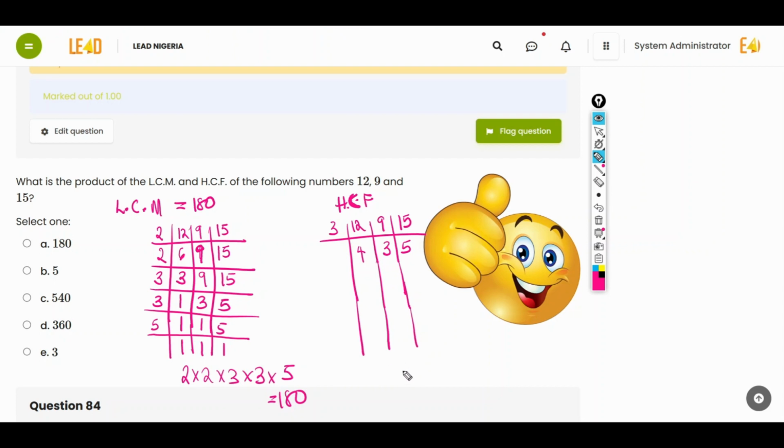There's nothing else. So our HCF is just 3. So when they ask for the product of the LCM and the HCF, we just do the product of 180 and 3, which gives us 540. All right, 540.